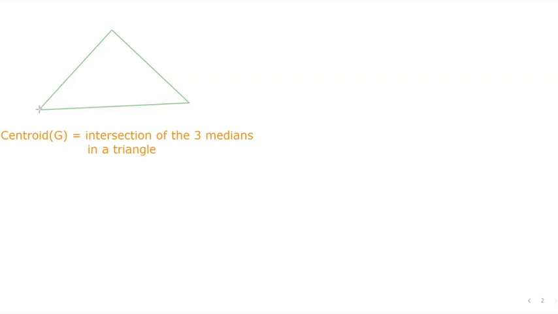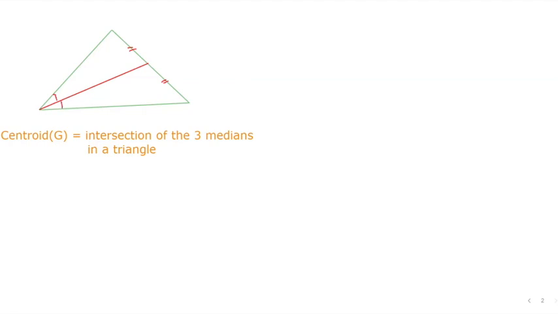So the median is the line that starts from a vertex and divides the opposite side into two equal parts. So it starts from the vertex, and these two are divided equally. So this is equal to this, and also this angle is equal to this angle.